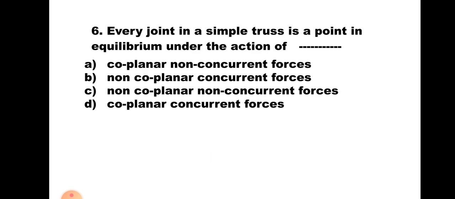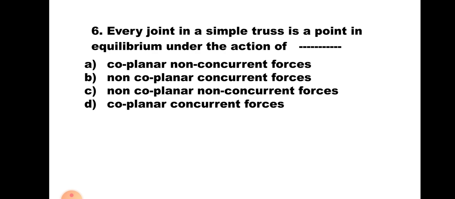Question number 6. Every joint in a simple truss is a point in equilibrium under the action of A. coplanar non-concurrent forces, B. non-coplanar concurrent forces, C. non-coplanar non-concurrent forces, and D. coplanar concurrent forces.